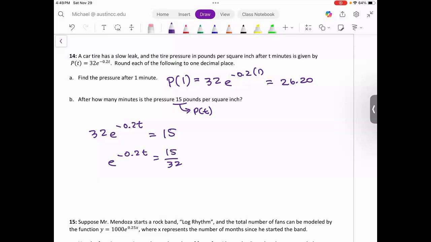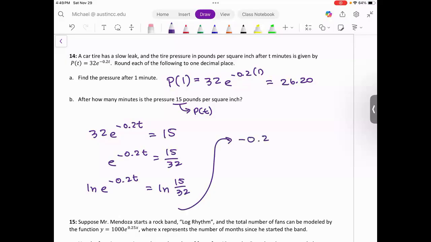Now, the best thing to do here is take the natural log of each side because we have that base e. It's just going to cancel out that natural log on the e, and we'll just be left with that negative 0.2 t. So that natural log and the e cancel out.